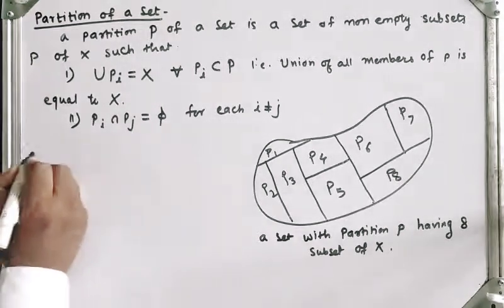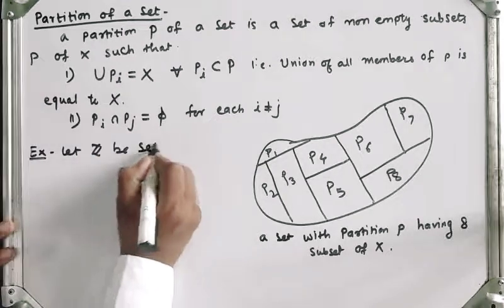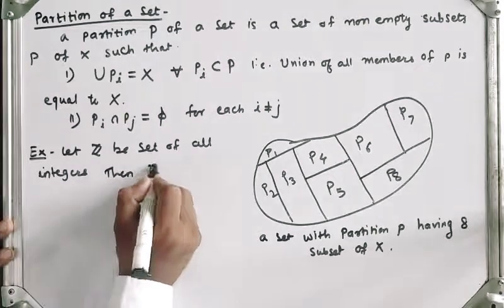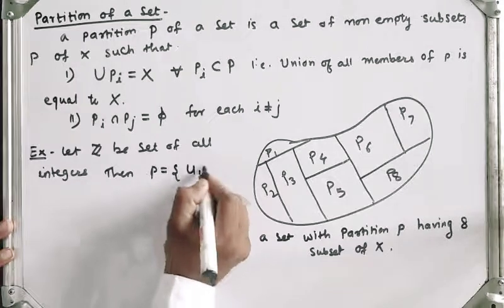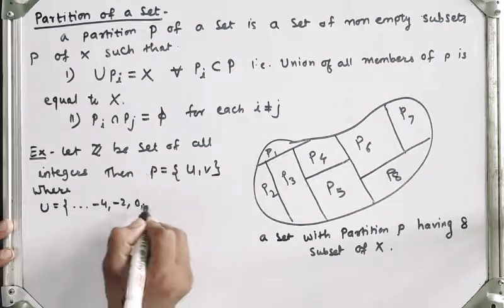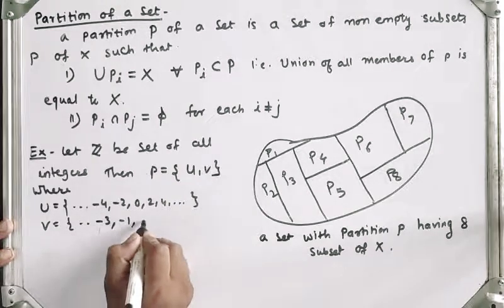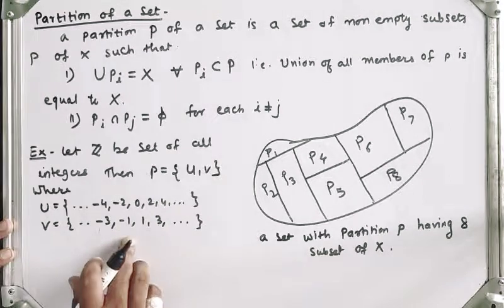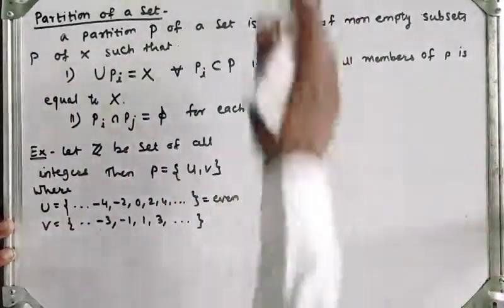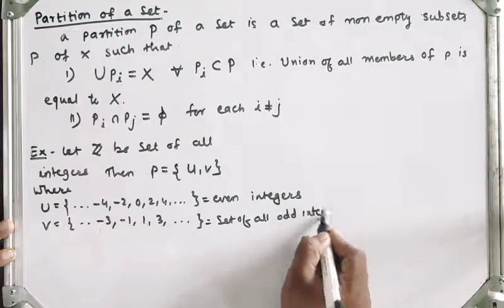For the second example, suppose Z is the set of all integers, then P is equal to the set {U, V}, where U is {..., -4, -2, 0, 2, 4, ...}, the set of all even integers, and V is {..., -3, -1, 1, 3, ...}, the set of all odd integers.